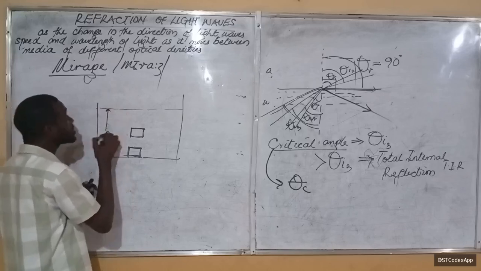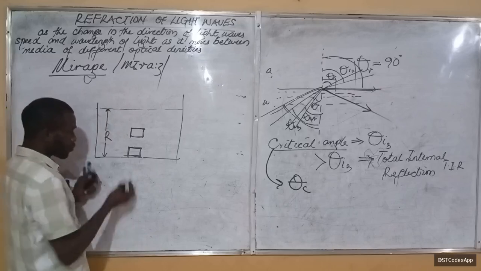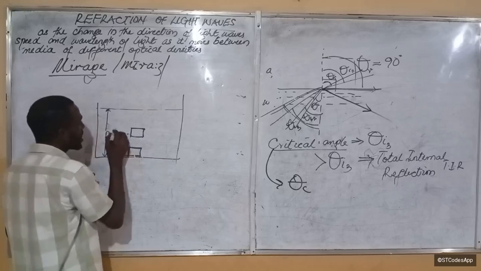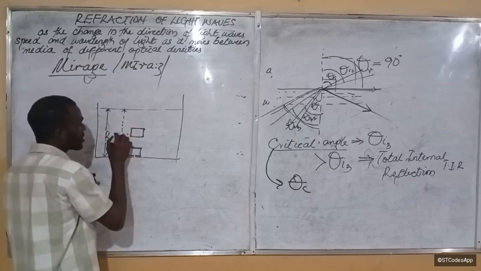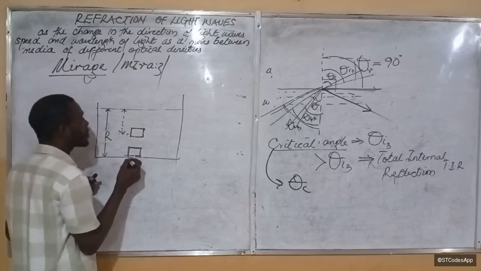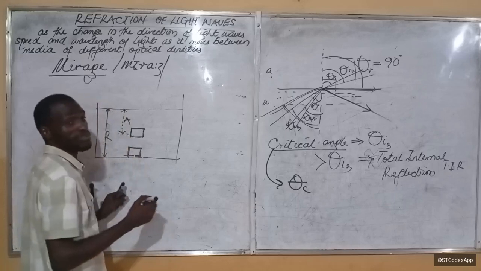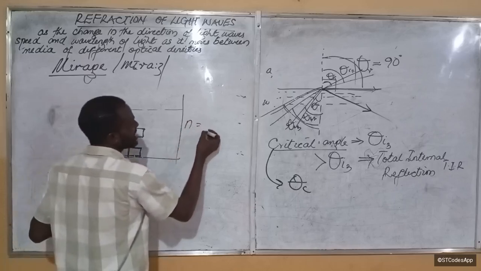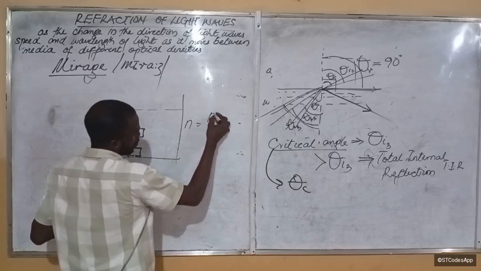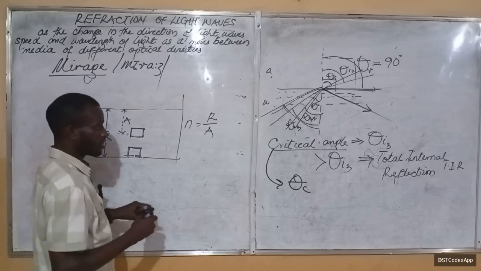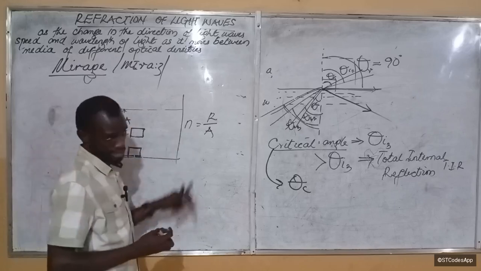So this depth, from here to here, is called the real depth. This is the real depth of your box. But from here to here is the depth you are seeing. We call this the apparent depth. So another formula for calculating refractive index is the real depth over the apparent depth. That's another formula for what? Refractive index.